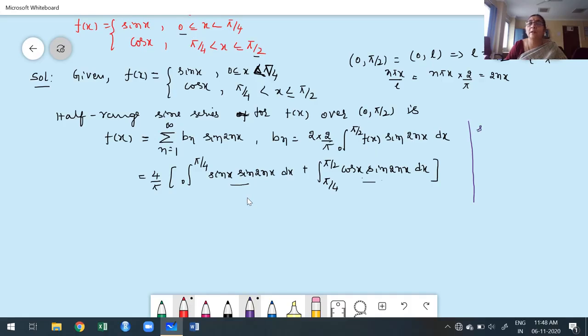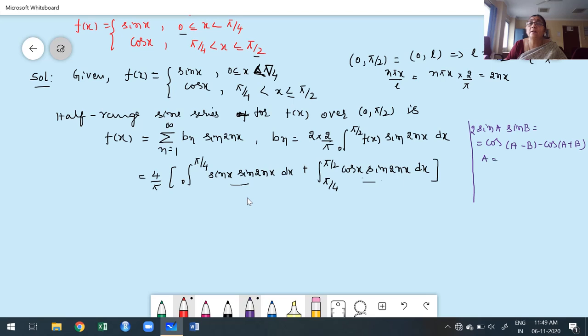For the first integral, I require sin A sin B. 2 sin A sin B is nothing but cos of A minus B minus cos of A plus B. Here, what is my A?